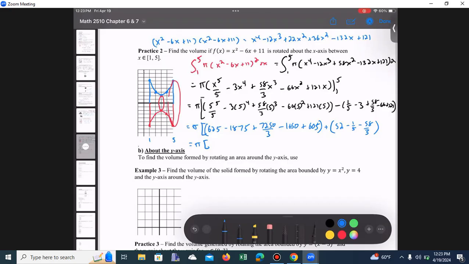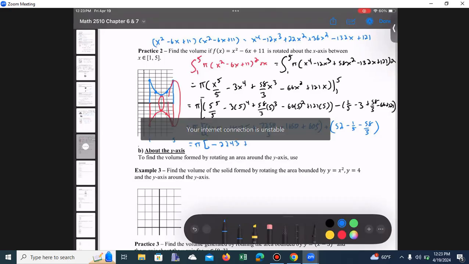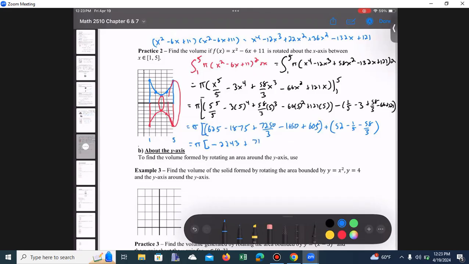Negative 2243. Then plus 7250 minus the 58, 7192 over 3. And then minus 1/5.